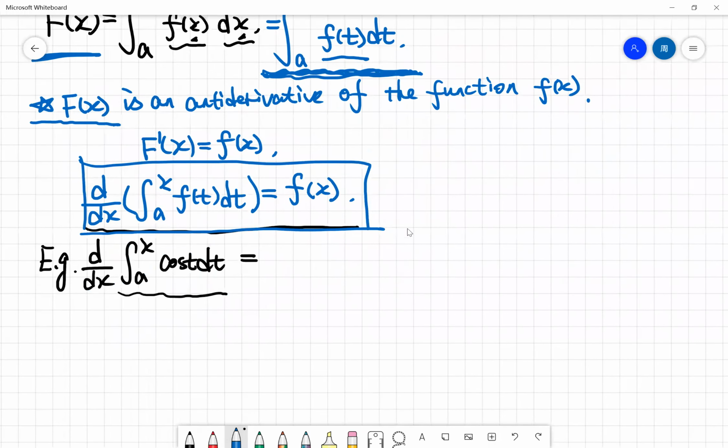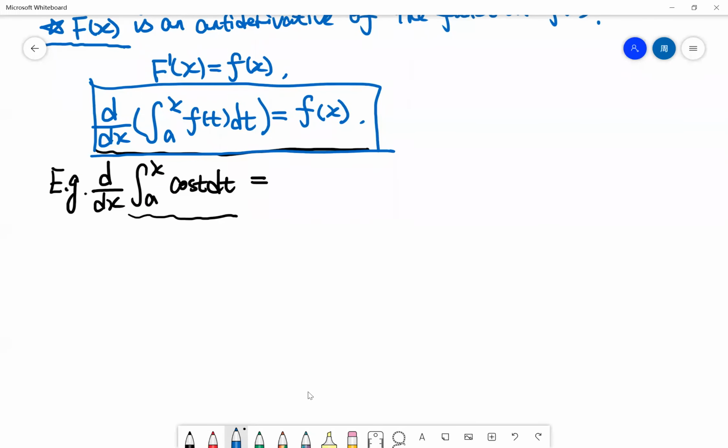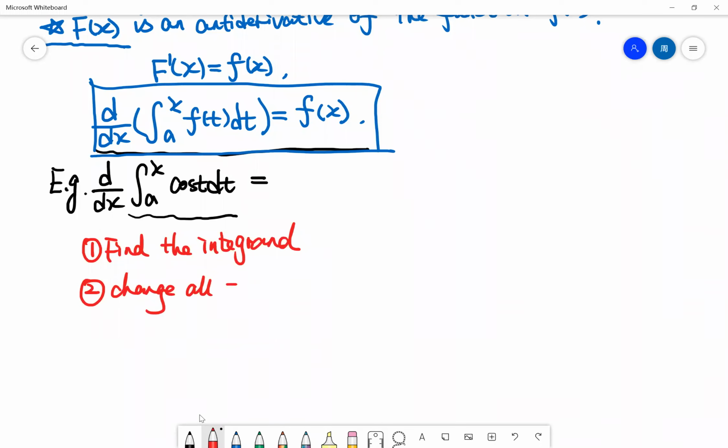The first step, find the integrand. The second step, change all the letter t to x. That is the result I want.